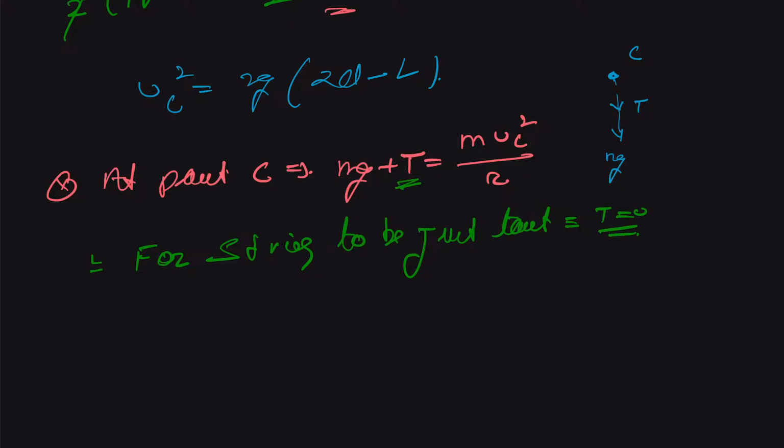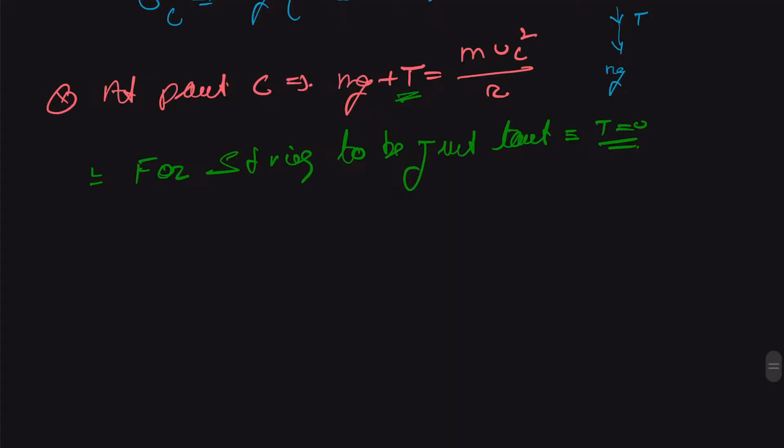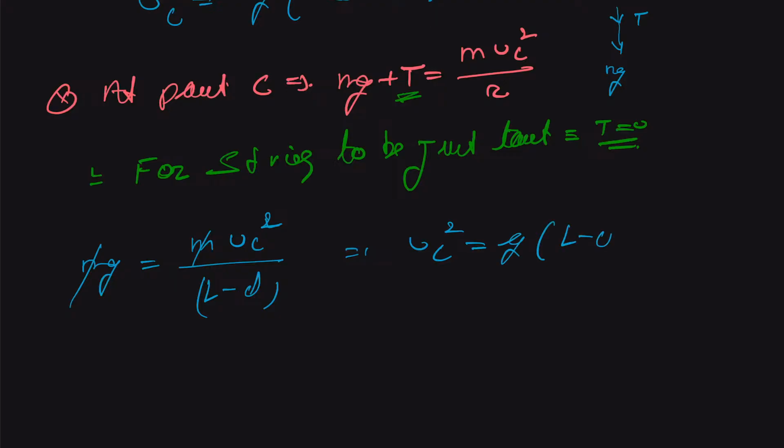So we substitute it here, we get mg is equal to m Vc square over r, and our r we already know is L minus d. Mass and mass cancel out. Okay. Therefore we get from here that our Vc square is equal to g times (L minus d).